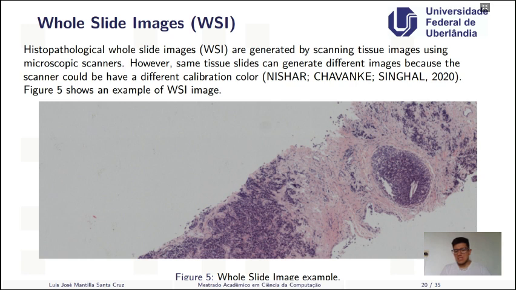So what this means is we can have many different images of the same tissue, just changing the calibration color value. Basically, this is a problem because the images could be the same image but have differences. Well, in this image we have a small representation of a WSI image.